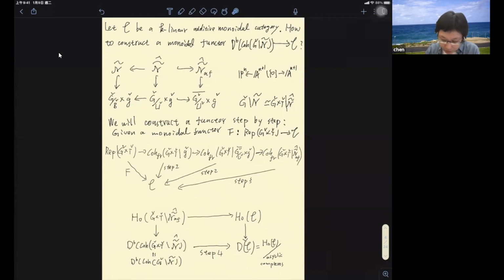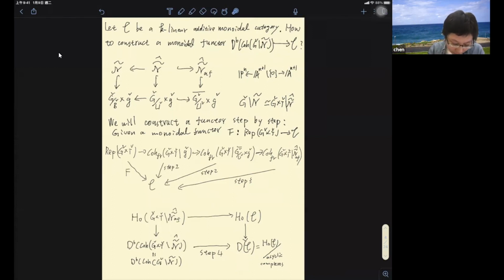Well, first we will use the following description of the equivariant derived category of the Springer resolution, which basically goes back to Serre. Serre gives a description of coherent sheaves on a projective variety as a quotient of the category of graded modules over its homogeneous coordinate ring. We will basically apply this idea to our situation, the Springer resolution.